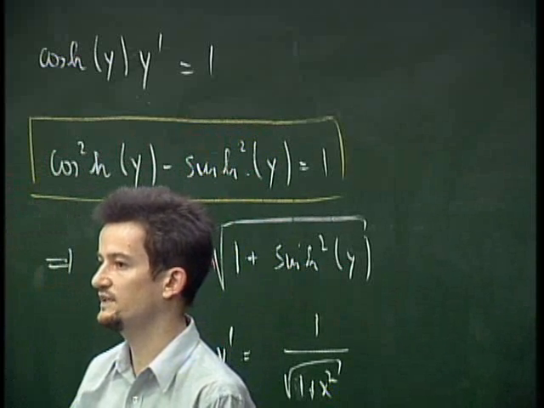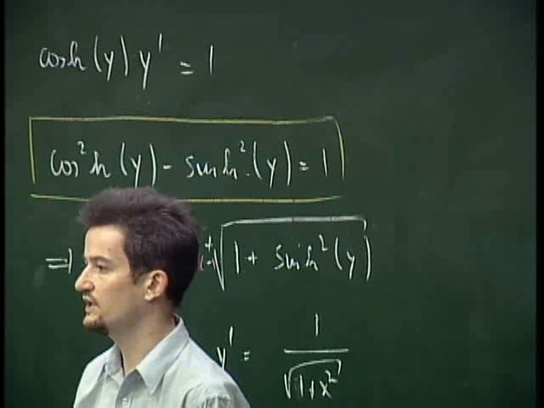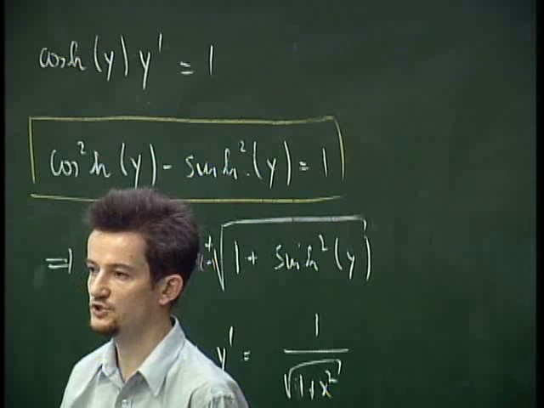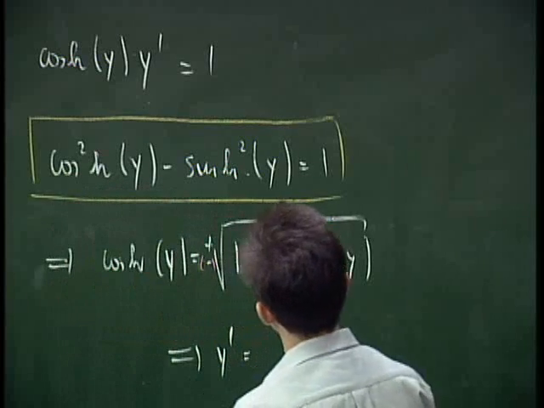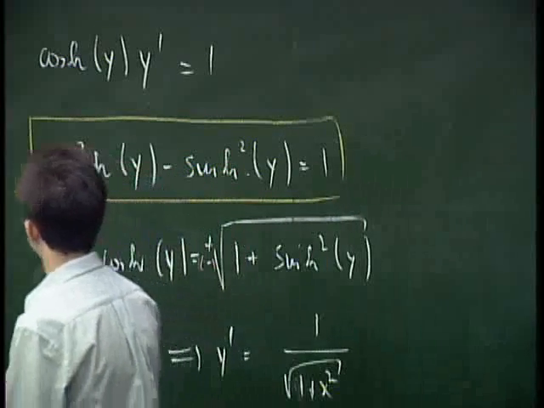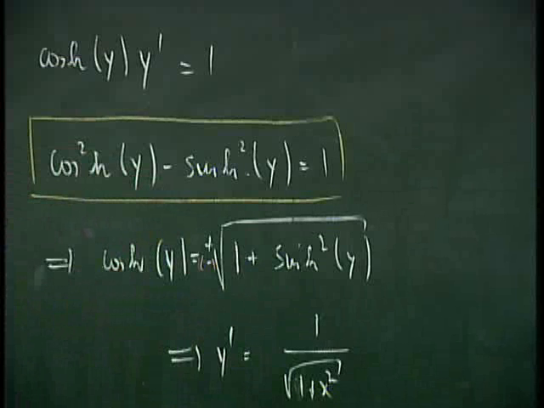And we saw already that they have many similarities, many relationships to trigonometric functions. For instance, you can try to prove on your own that the hyperbolic sine of x plus y is equal to the hyperbolic sine of x times the hyperbolic cosine of y plus the hyperbolic cosine of x times the hyperbolic sine of y.